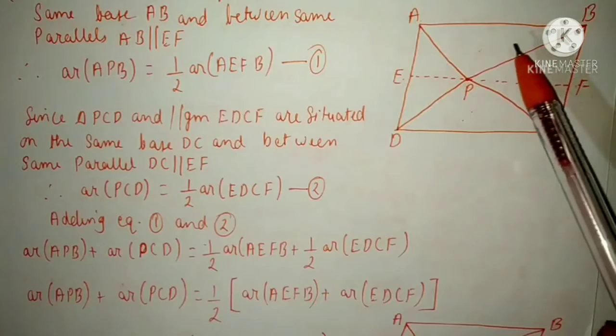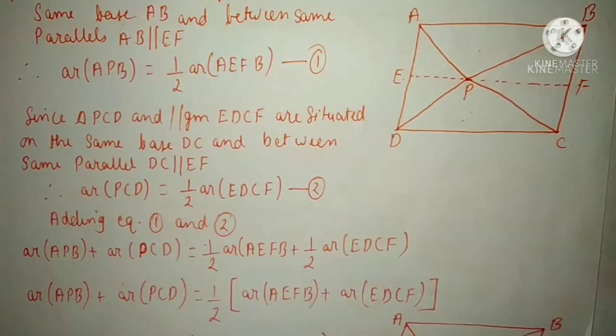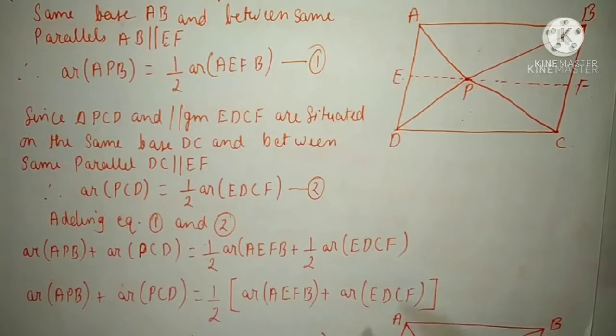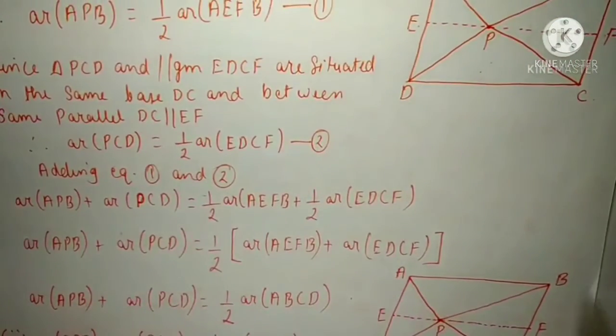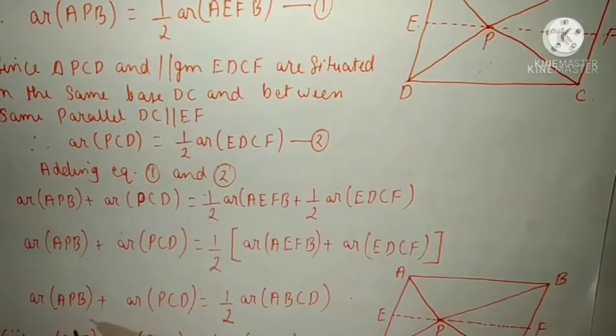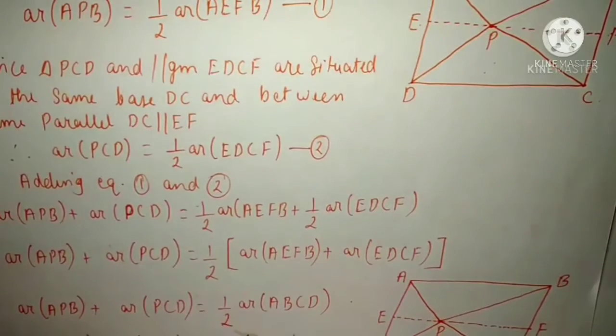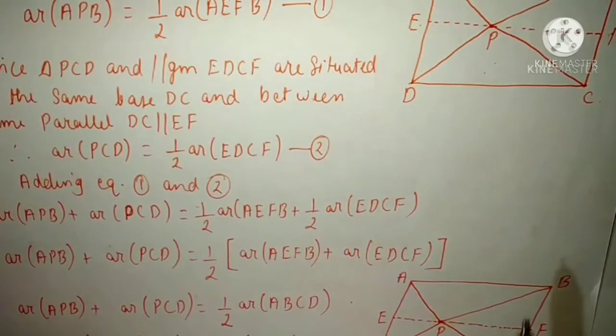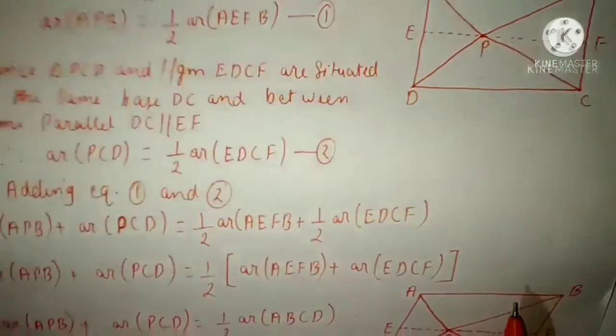Now when we add these two parallelograms, this full parallelogram ABCD will be formed. So instead of this we can write area of parallelogram ABCD. So area of APB plus area of PCD is equal to half area of ABCD, and this is what we have to prove in the first part.